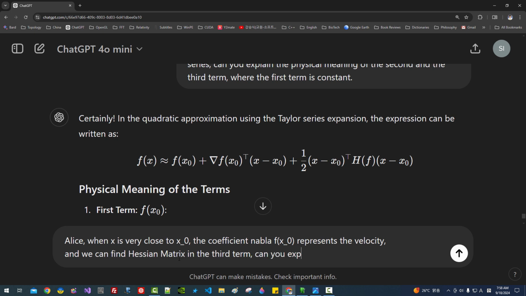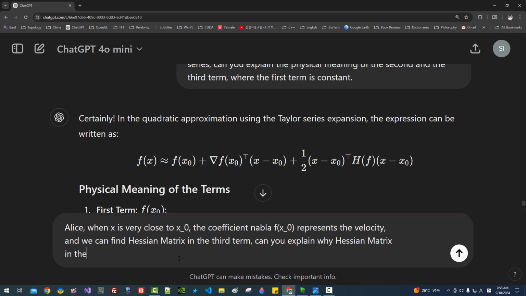Can you explain why the Hessian matrix in the third term of the quadratic approximation with the Taylor series represents the acceleration?